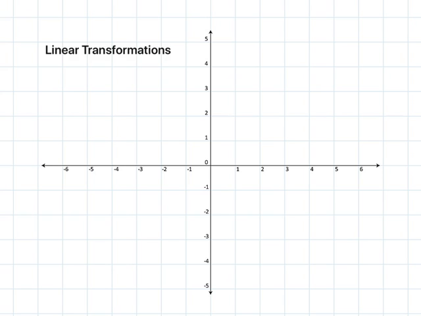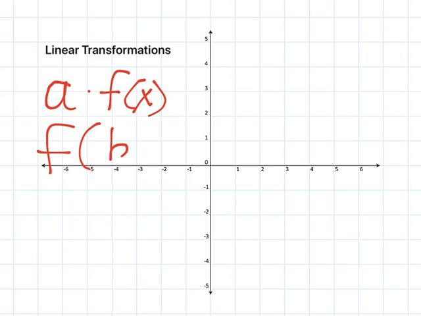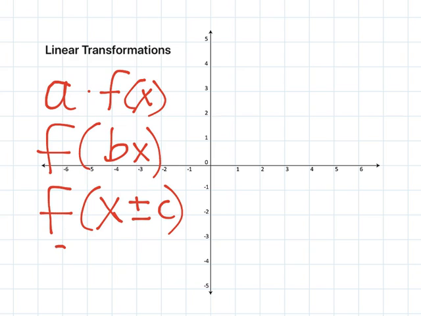Those options are a times f of x, f of bx, f of x plus or minus c, and f of x plus or minus d. So those are the four options that we're looking at.